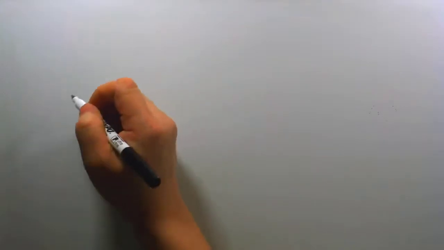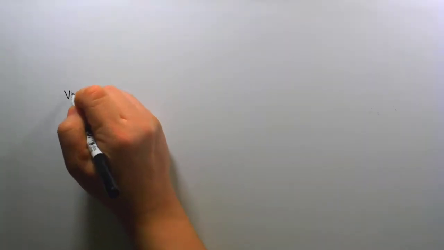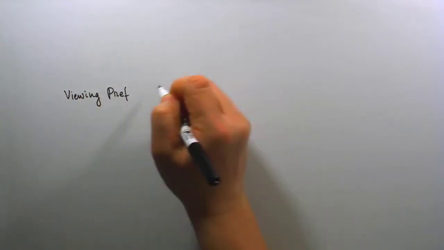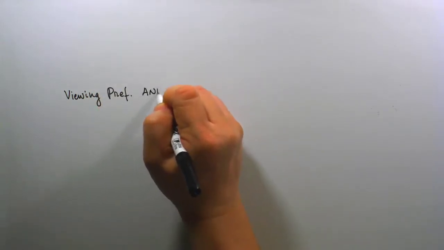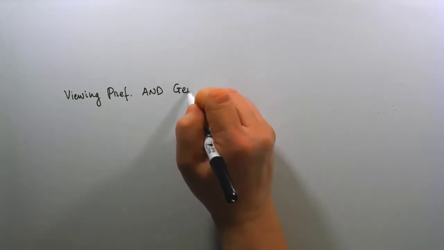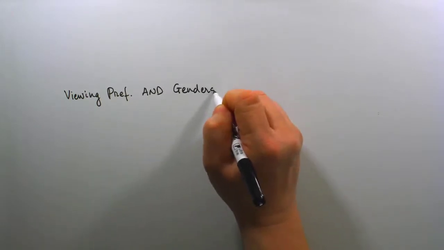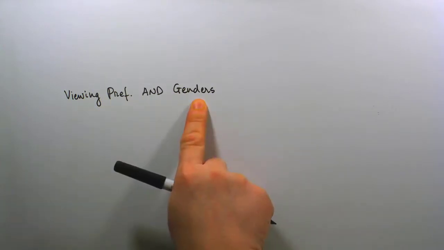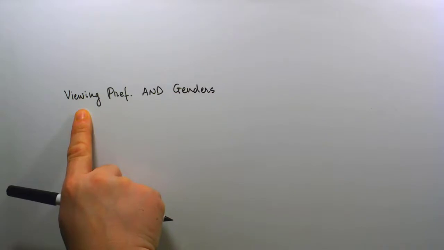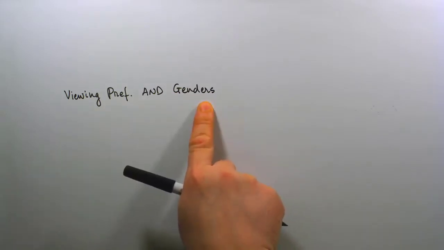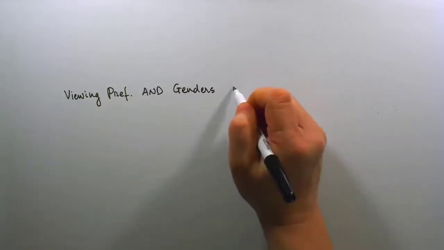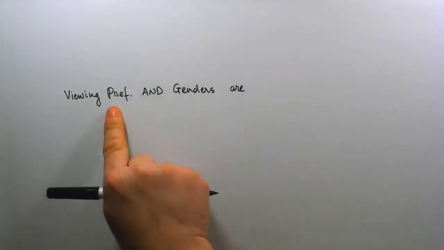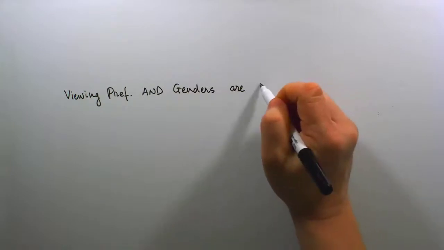According to the statements here, we're trying to prove that viewing preference and genders, the two categorical variables found in our two-way table, are dependent.